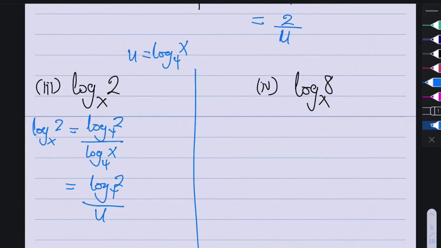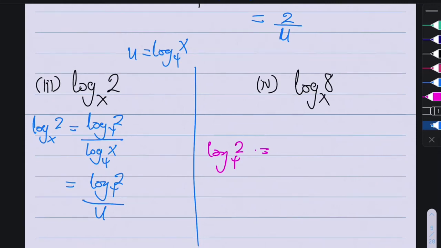So why don't we see something really nice here? You'll be tempted to leave your answer this way, but let's explore a little. Log 2 base 4, we can change the base to maybe 2 to see what happens. If I do another change of base to base 2, I'm going to get log 2 base 2 over log 4 base 2.